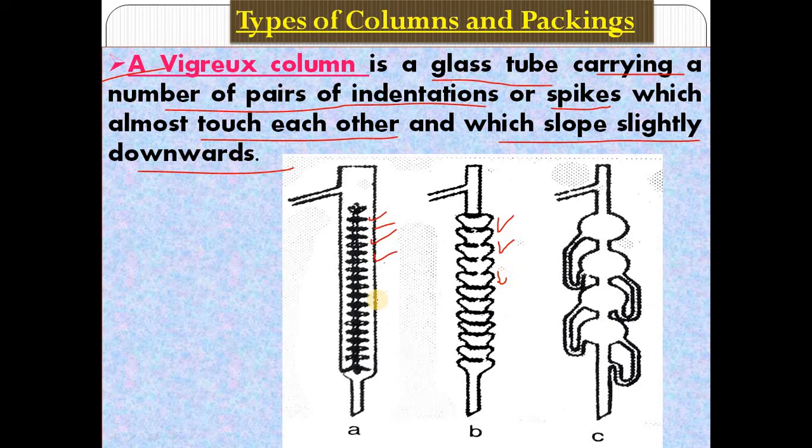Such columns are applied to distill or isolate two liquids. The third one is also an example of a Vigreux column.